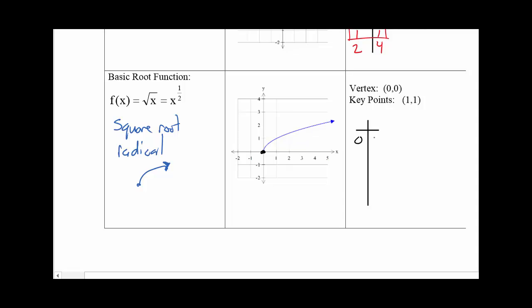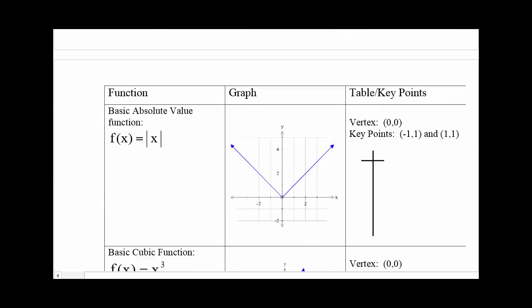Something like 0, we get 0. We get 1, square root of 1 is 1. 2 and 3 aren't so pretty, but 4, on the other hand, square root of 4 happens to be 2. When you're plotting the square root function, I would expect at least 0 and 1 to show up. Sometimes it helps if you put the (4, 2) in there, but continuing on.